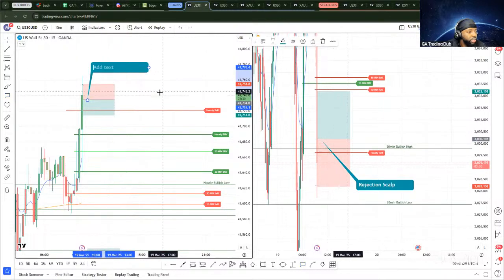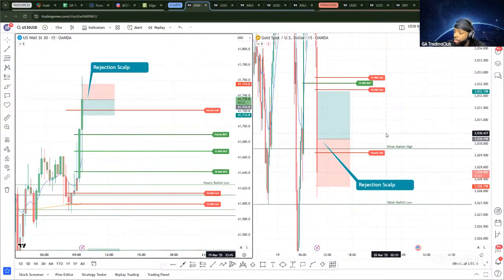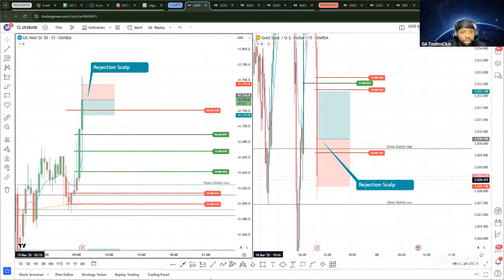So that was a rejection scalp that just hit TP for US 30 based off of this hourly sell area. Rejection scalp, and then I'll just take that snippet. Right. Save this.